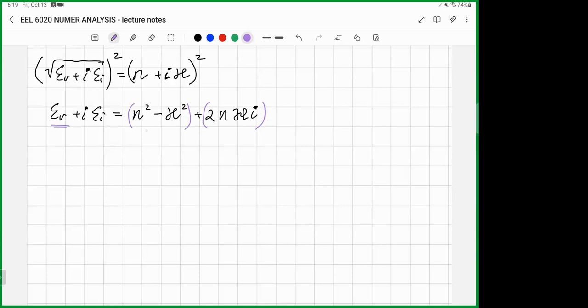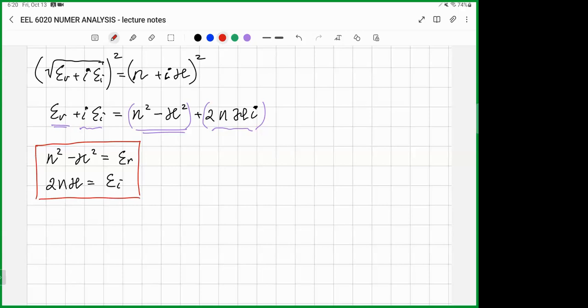This one is equal to this one, and this one is equal to this one. So n squared minus kappa squared is equal to epsilon r, and 2 n kappa is equal to epsilon i. Okay, these formulas are also quite important.